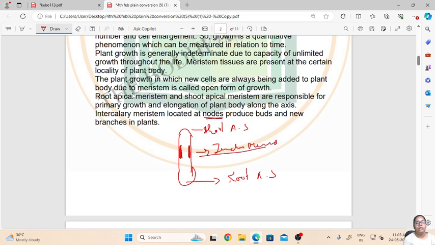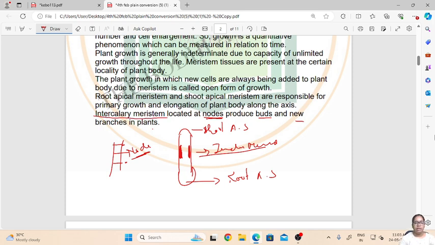Okay, node region, as in if this is a stem, the region between the two axillary points is called a node. So this node produces buds and new branches in the plant. So this will help in the lateral growth of the plant. So intercalary meristem will help in lateral growth of the plant.